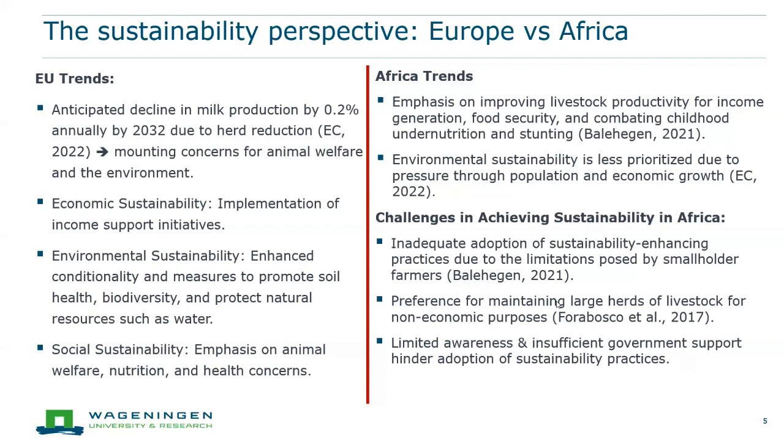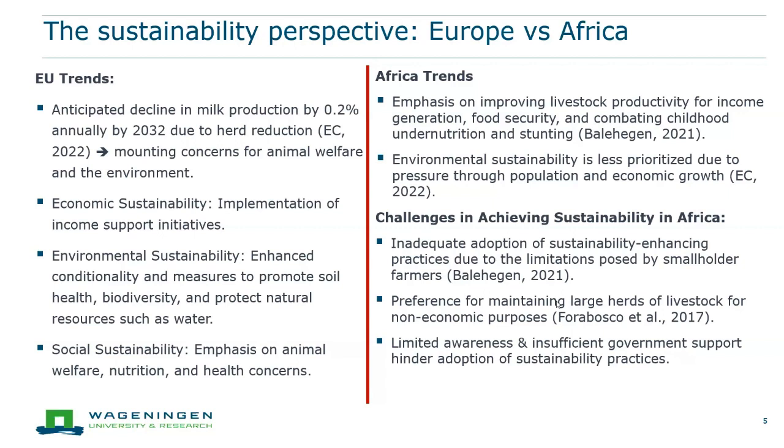And there is inadequate adoption of sustainability-enhancing practices because of limitations posed by smallholder farmers who, of course, might not understand very well concepts of sustainability, and also because of a lot of aggregation along the chains, which are dominated by smallholders.